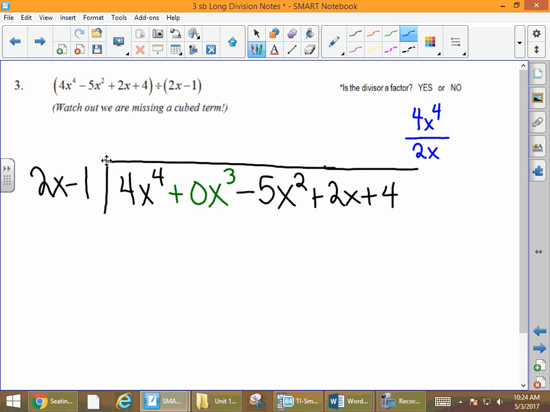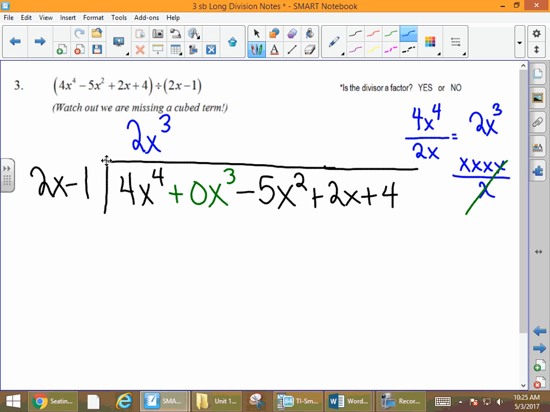We're using the variables in this problem: 4x to the 4th, the first value underneath our division bar, and the 2x, the value that has the variable in it in the divisor. 4 divided by 2 is 2, and x to the 4th divided by x: one of those x's cancels out, and we get x cubed. So our first value in our quotient is going to be 2x cubed.